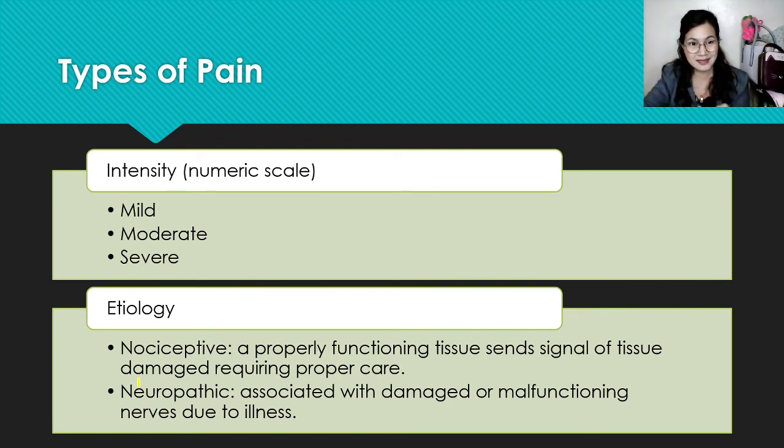In terms of etiology, we have the nociceptive. It is a properly functioning tissue sensing a signal of tissue damage requiring proper care. It's different from neuropathic, because neuropathic is associated with damaged or malfunctioning nerves due to illness. So, take note: nociceptive and neuropathic.